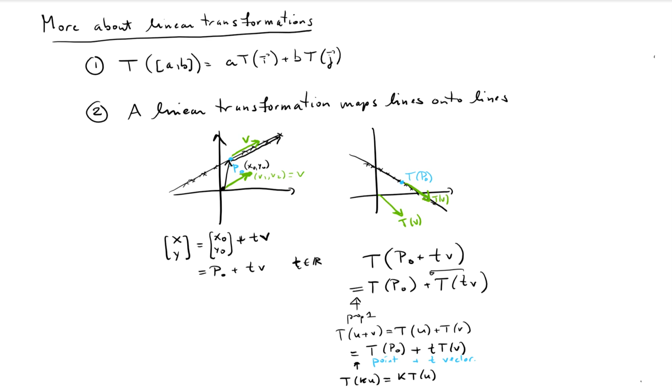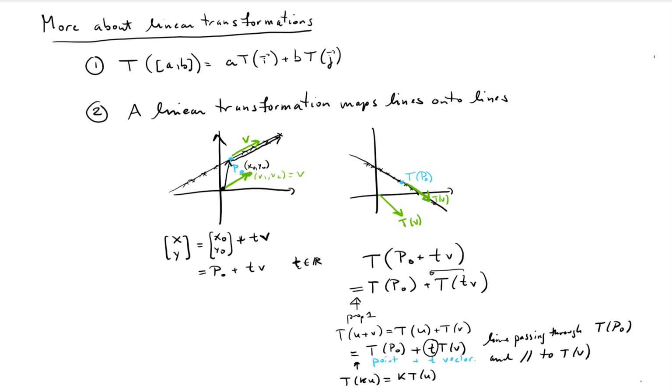Now, if I multiply that vector by some parameter t, then I'm allowing myself to move along this line starting at T of P0. So this is a line passing through T of P0 and parallel to the vector T of v, or pointing in the direction of T of v.